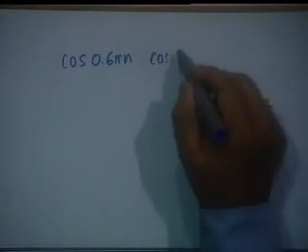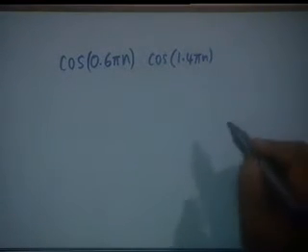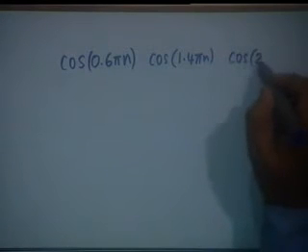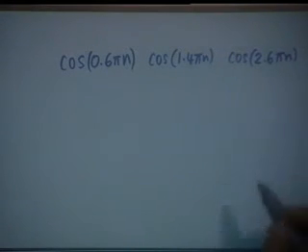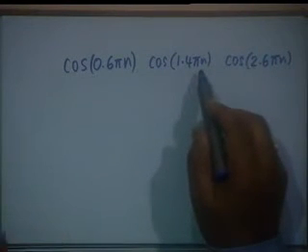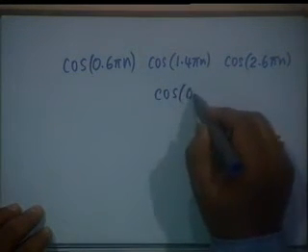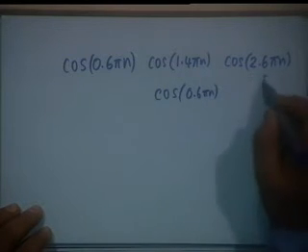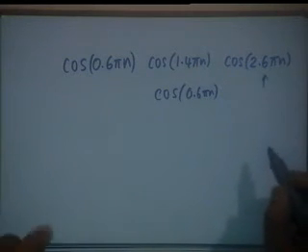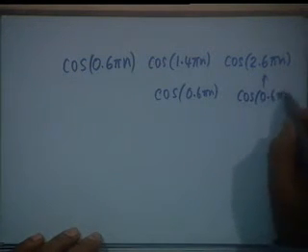The second signal will become cosine of 1.4 pi n, and the third signal will become cosine of 2.6 pi n. But 1.4 pi n is 2 pi n minus 0.6 pi n. What is cosine of 2 pi n minus 0.6 pi n? It is the same as cosine of 0.6 pi n. Similarly, 2.6 is 2 plus 0.6, and therefore this signal also becomes 0.6 pi n.